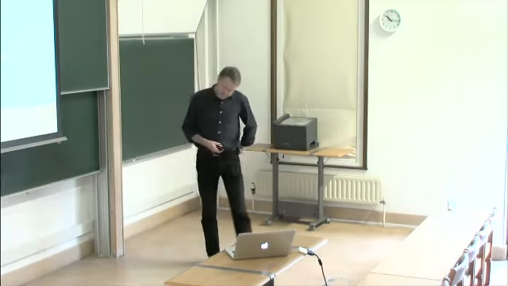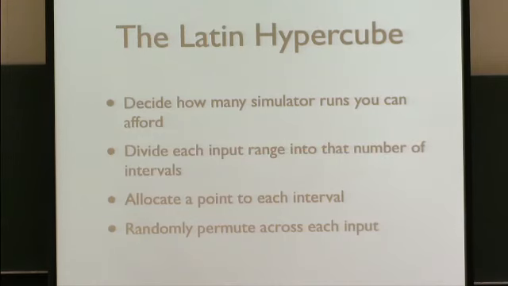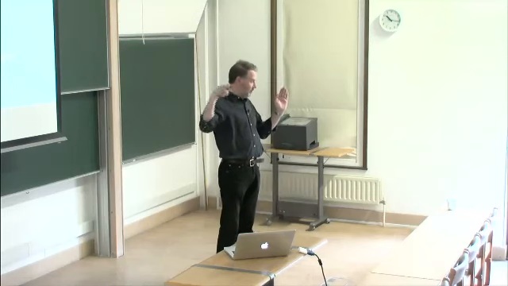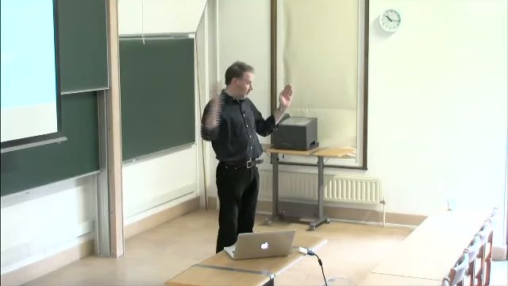So the next one is the Latin hypercube. It's easy to build Latin hypercubes, so let me explain what you do. You decide how many runs you can afford, and then you divide each input into that number of equal ranges.